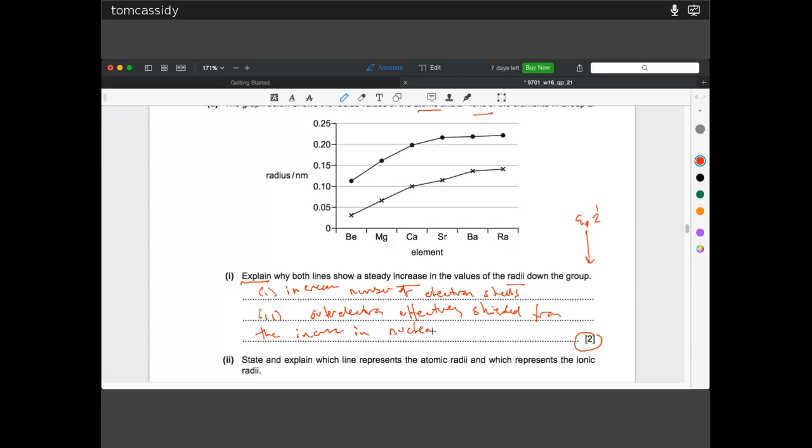So even though you might think that these electrons are being drawn in closer because the nuclear charge is increasing, actually these radii are increasing because you've got new shells of electrons that is effectively stopping the full nuclear charge being experienced by the electrons on the outer shells. So the outer electrons are effectively shielded from the increase in nuclear charge. And so we've got two reasons there why these atomic and ionic radii are increasing as you go down group 2.